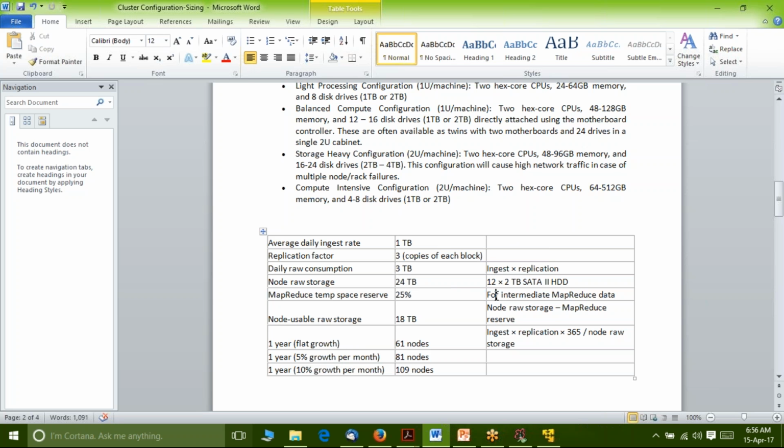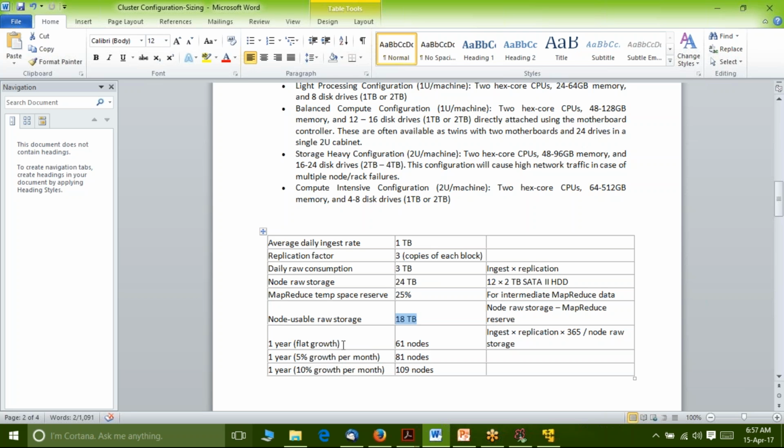That is what has been mentioned here, for intermediate MapReduce data, which I'll show you practically now. So out of 24 TB, if 25%, that is 1/4, is reserved, 6 TB is gone. So what is the net usable raw storage in terms of the node? 18 TB, right? Yeah.